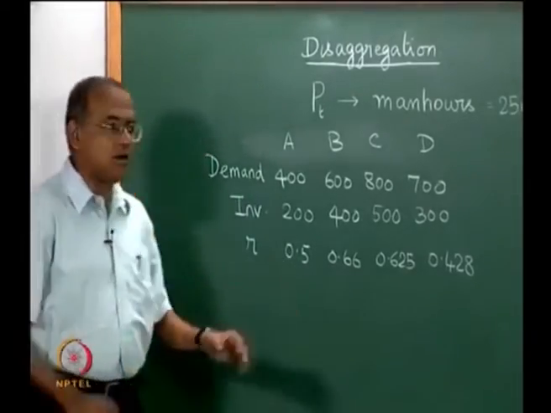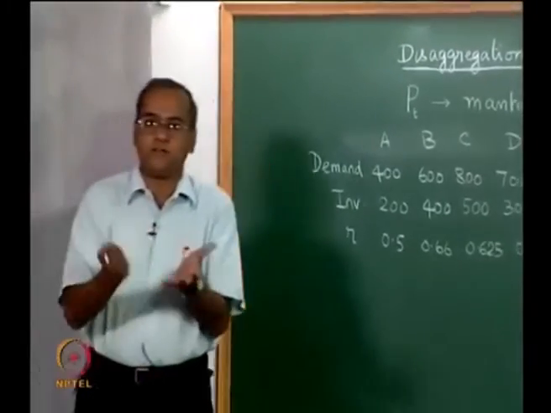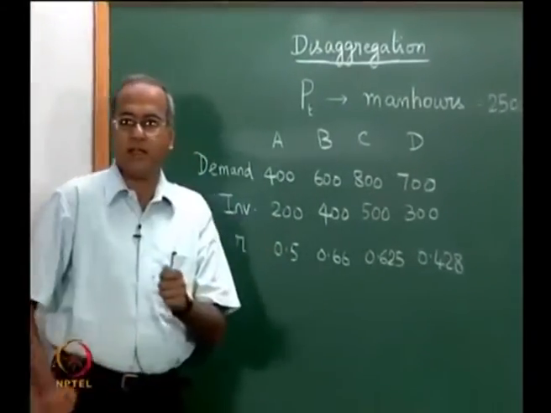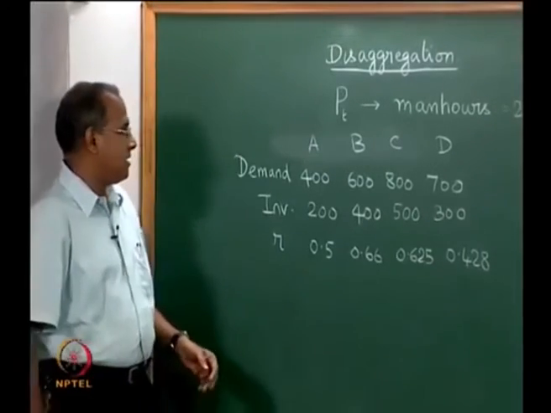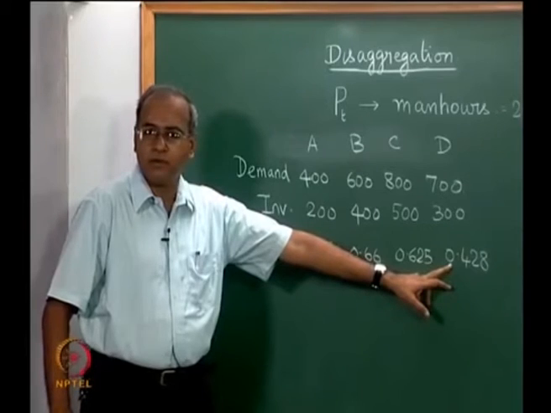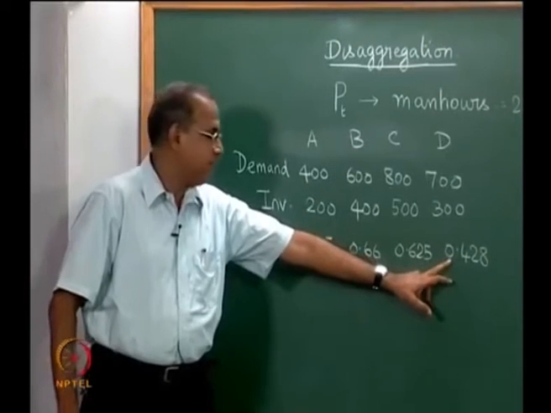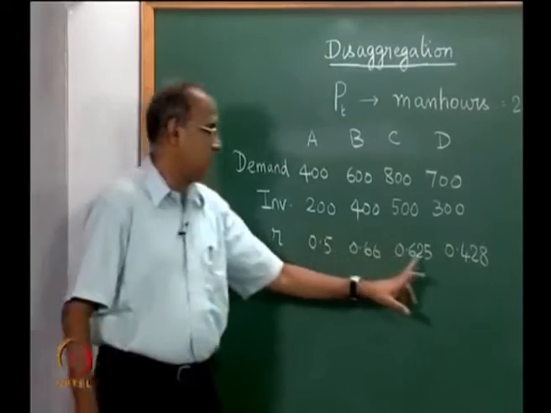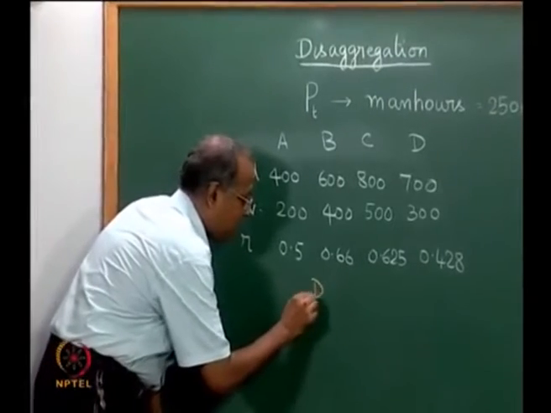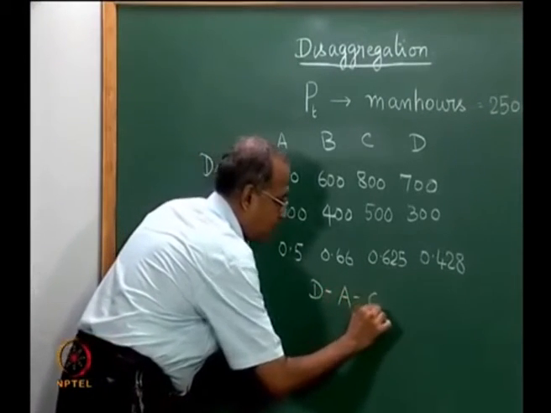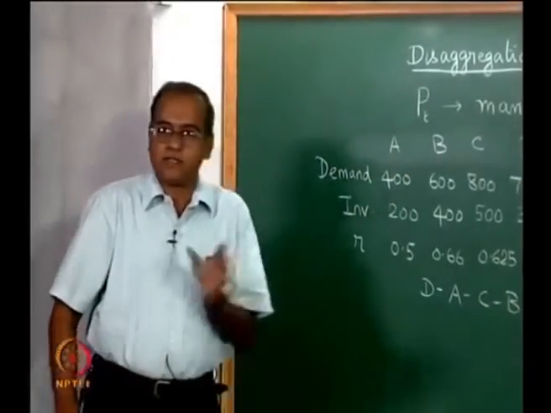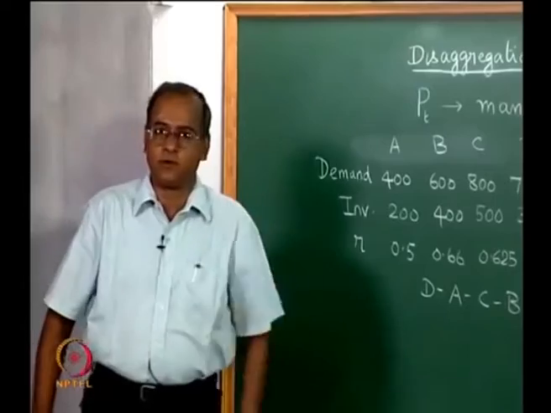So now this R also gives us an indication of the order in which we can produce A, B, C, D, because the item whose inventory we are going to exhaust first is D. So D has the smallest value of the ratio R, then it is going to be A and then it is going to be C and then it is going to be B. So a good order in which they can be produced is D, A, C and B, because that is the order in which we will exhaust the inventory if we do not produce them.